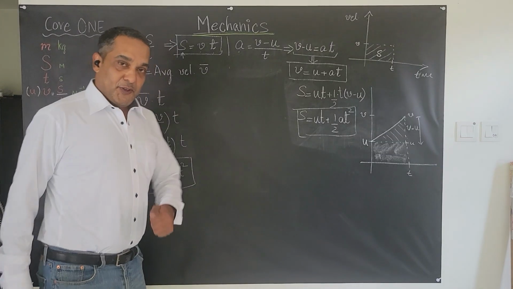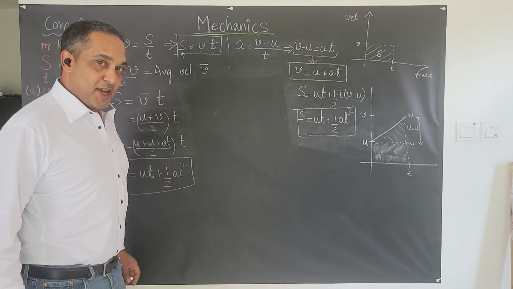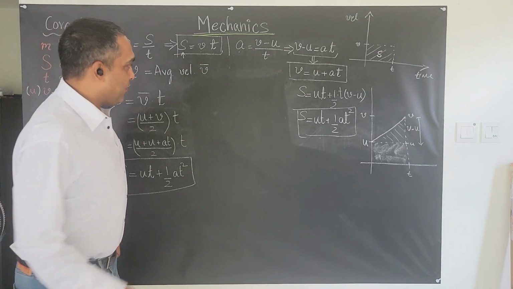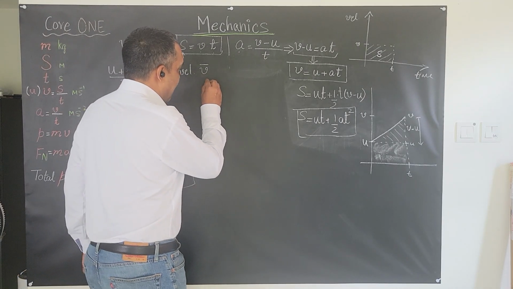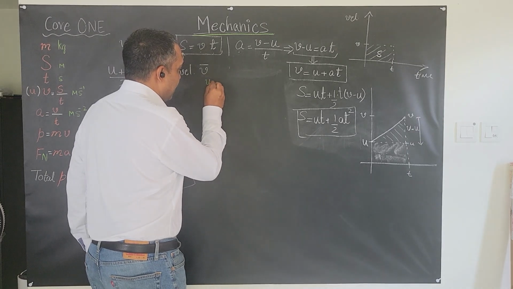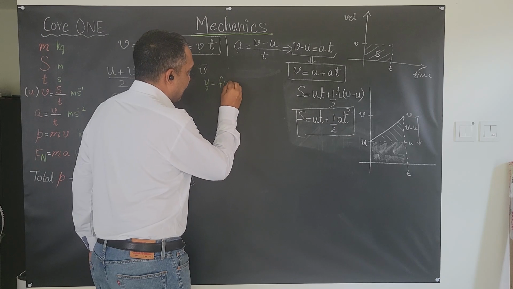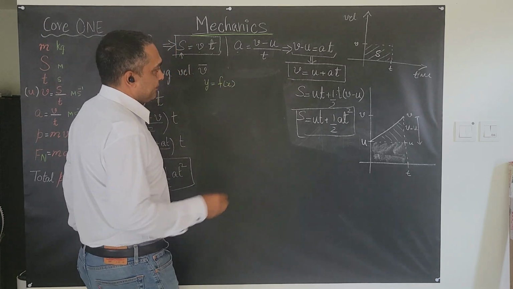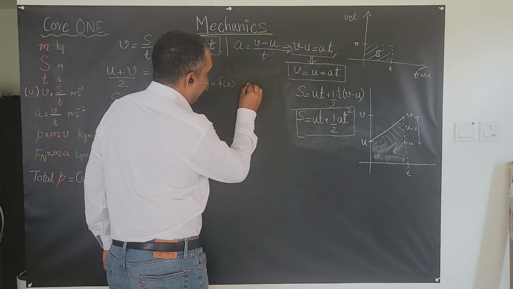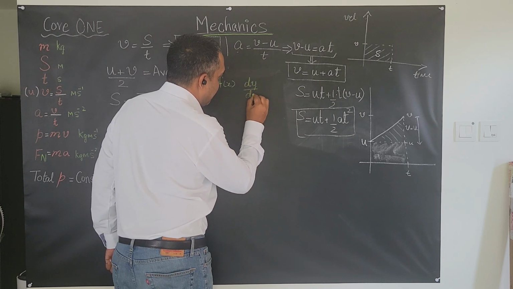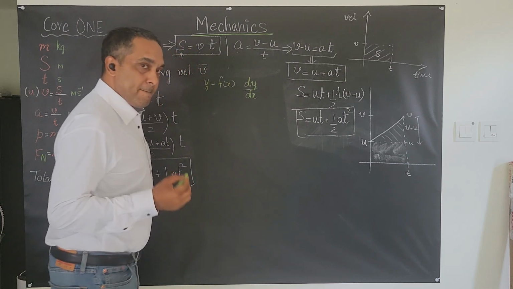All right, now for those who know some differentiation, some integration, or some calculus, let's play with this. If I have y as a function of x, I have the idea of differentiating y with respect to x.